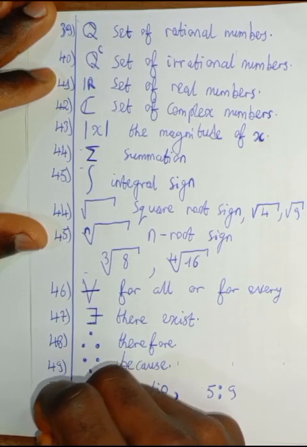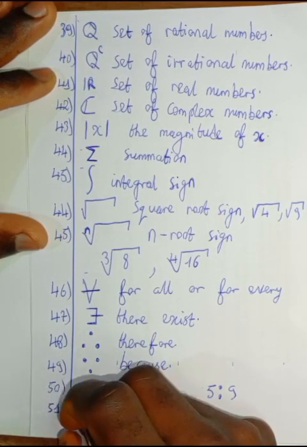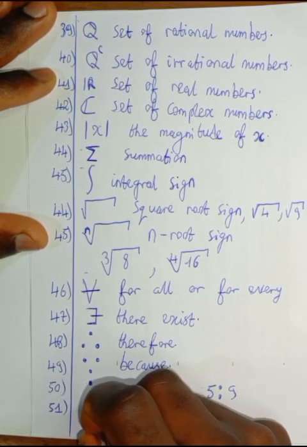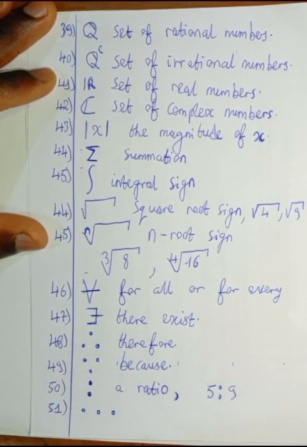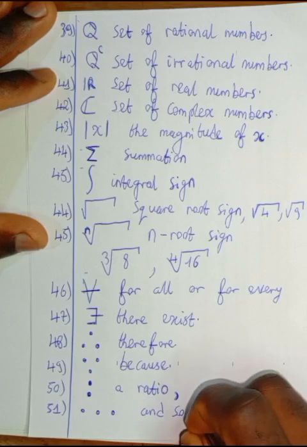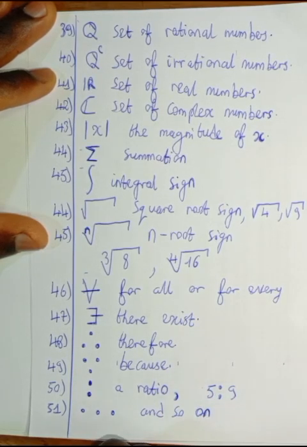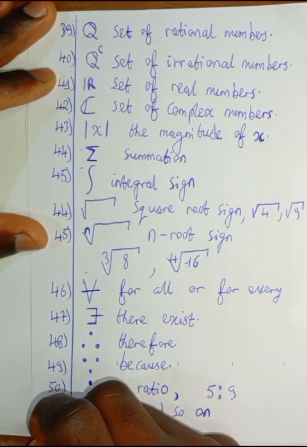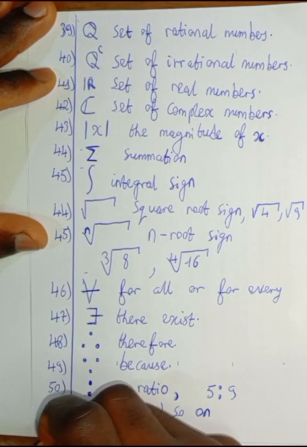Go to 53. We have 3 dots. These 3 dots stand for and so on. We make use of these 3 dots when you are listing an infinite set. That means a set which does not have a last element. We go to 54.